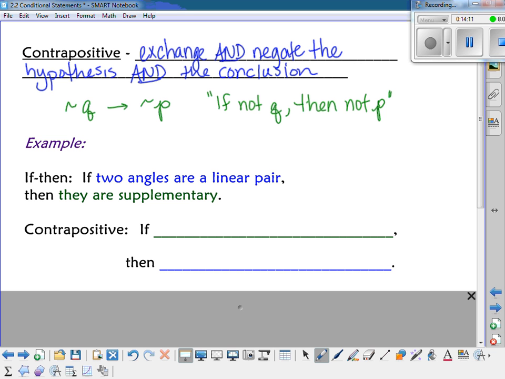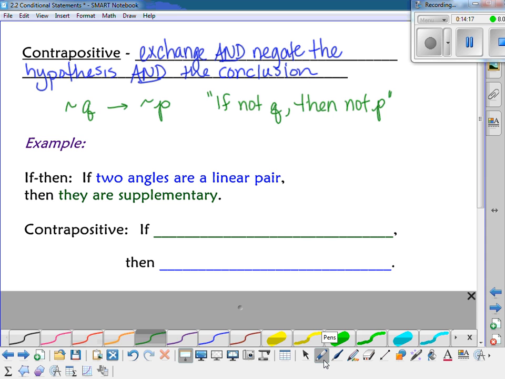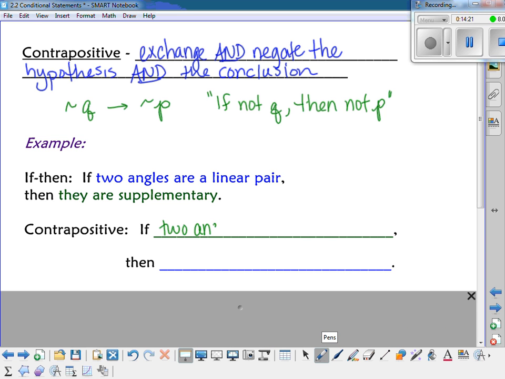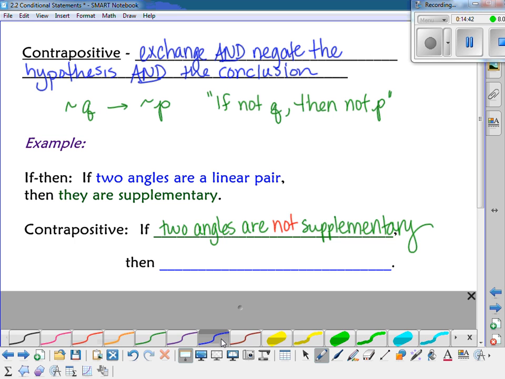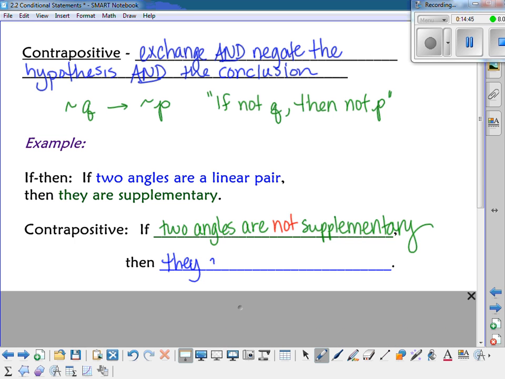So I'm going to start with the they are supplementary, but of course I don't want to start the sentence with they, because I won't know what they is, so I'm going to say if two angles are not supplementary, because again I have to negate it as well, then they are not a linear pair.